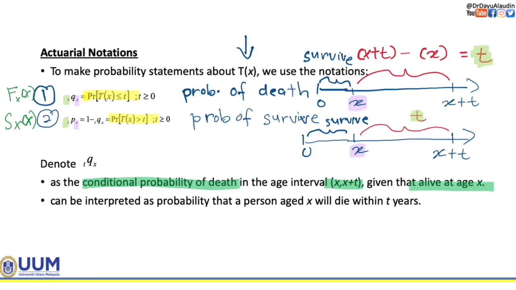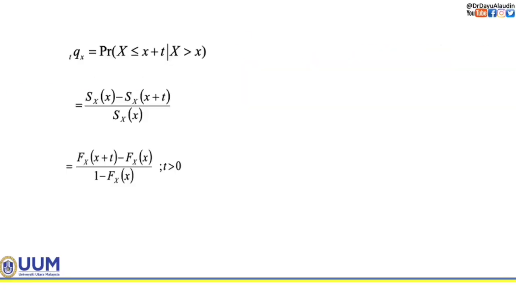So alive at age X. The interval here refers to this interval. tqx can be interpreted as the probability that a person age X will die within T years. If we want to use it in terms of the SDF and the FX, we write it like this. Second note.